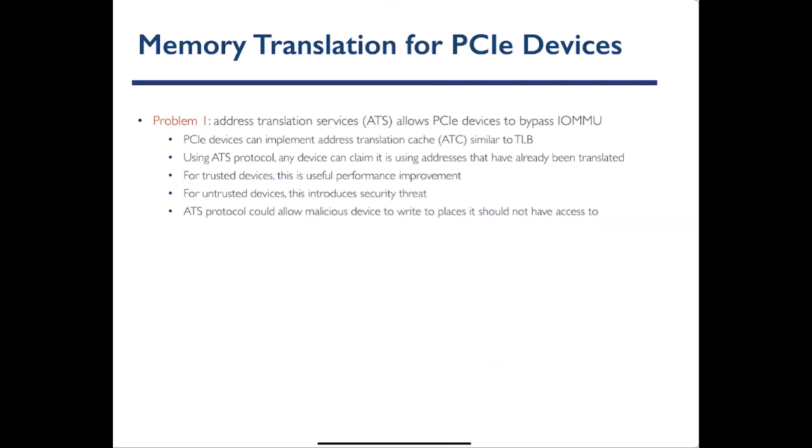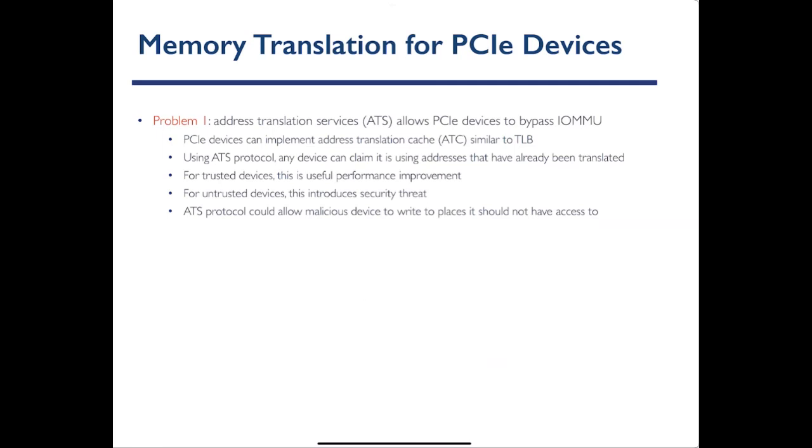So if you remember, for CPU, for MMU, we had TLB, the translation look-ahead buffer, where we would cache virtual to physical address translations. And by caching those translations, we would avoid going to page tables. Now, when it comes to IOMMU, the device itself could implement its own TLB.